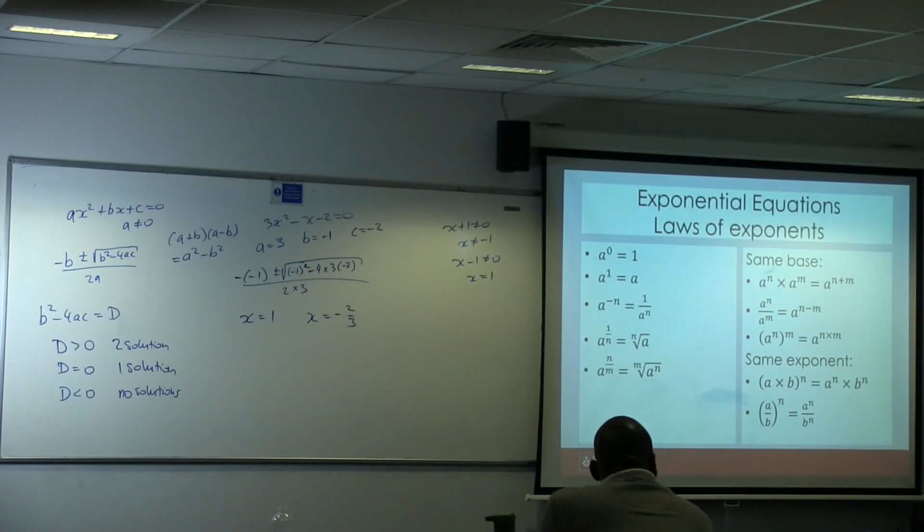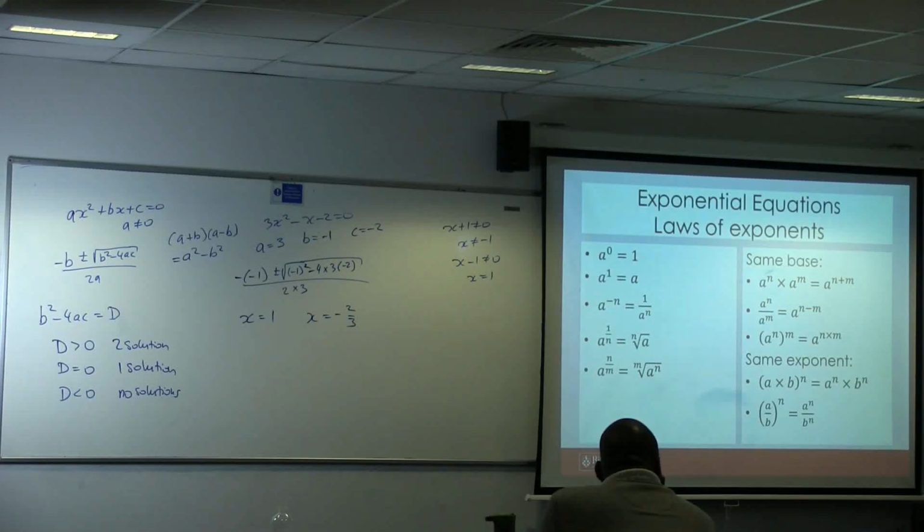If I've got a 1 over n power, that's the same as the nth root. If I have got the m over n power, then that's the mth root of the nth power. See that the denominator is the one that always ends up being the root, and the numerator is always the power.